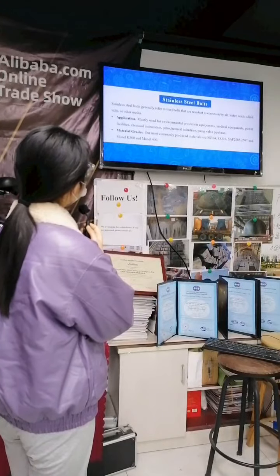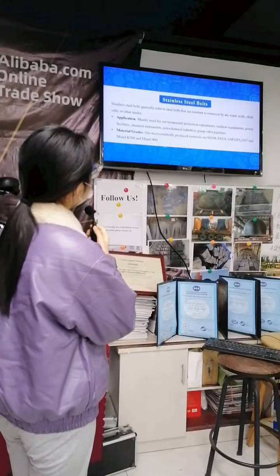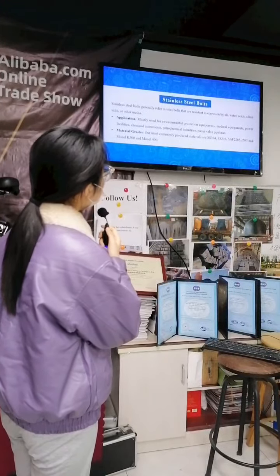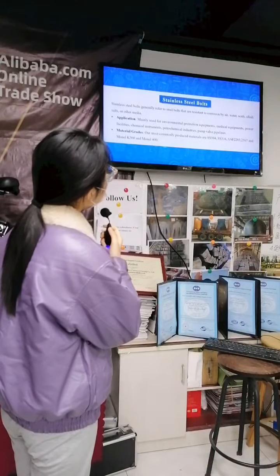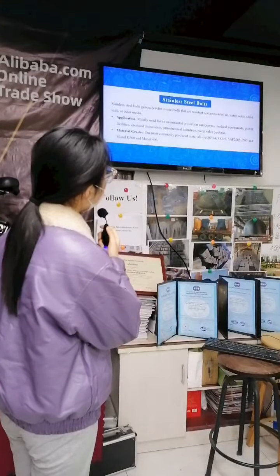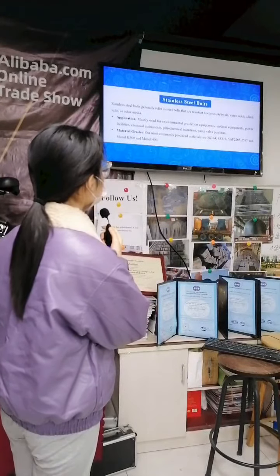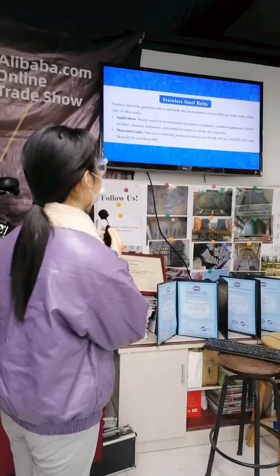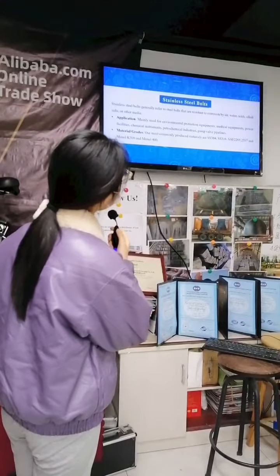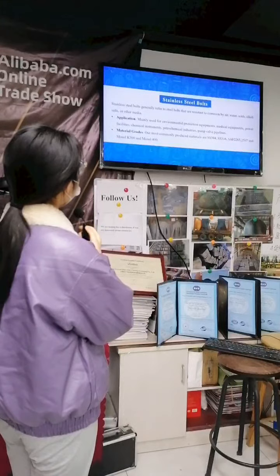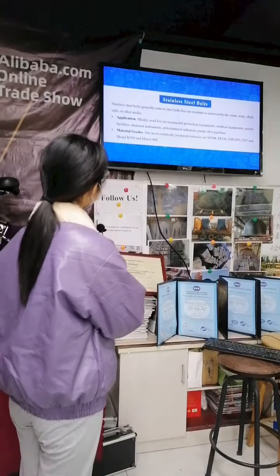For the material grades, our most commonly produced materials are stainless steel 304, stainless steel 316, SAF 2205, 2507, and Monel K500 and Monel 400.